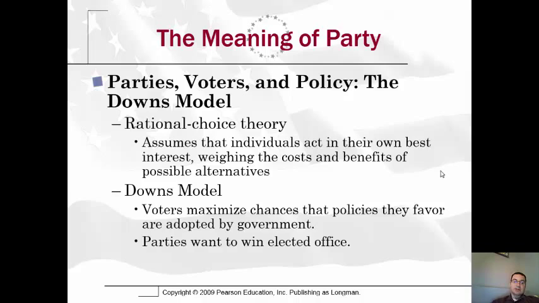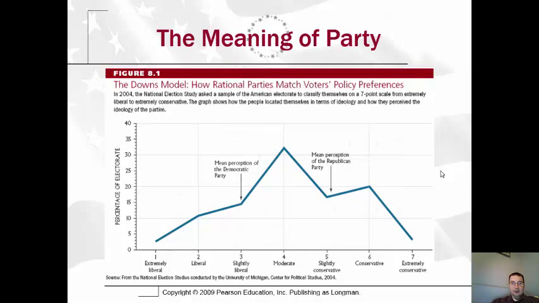In Downs's model, voters maximize the chances that the policies they favor will be part of the government. So they support the policies of the party that most closely matches what they want. And parties want to win as well. So here's how they match things up.